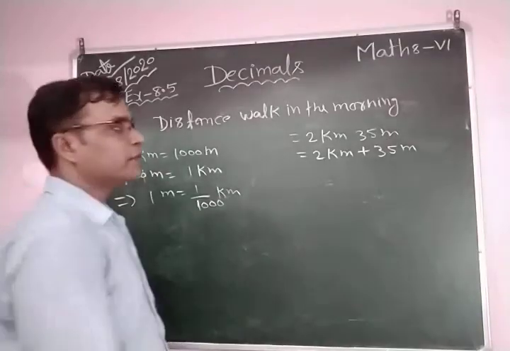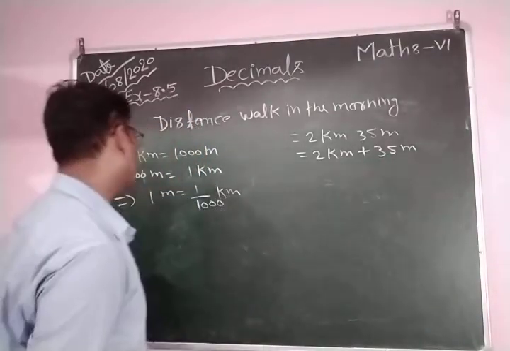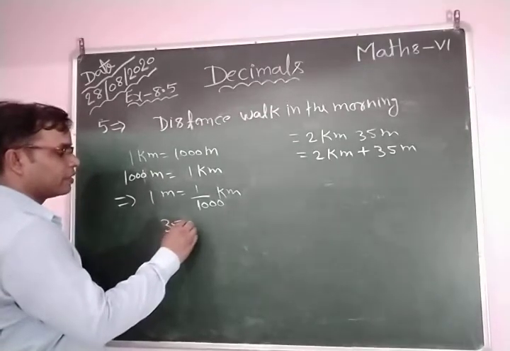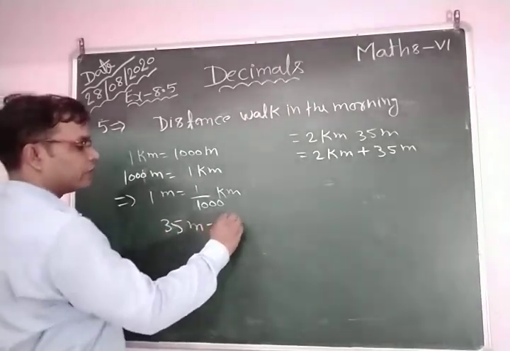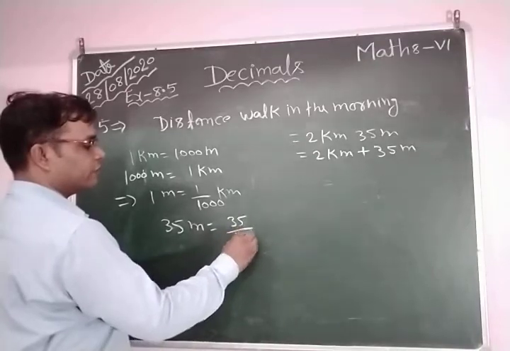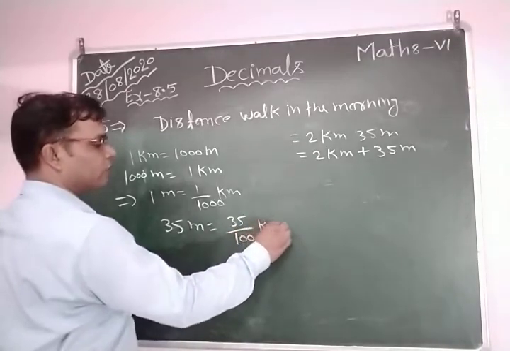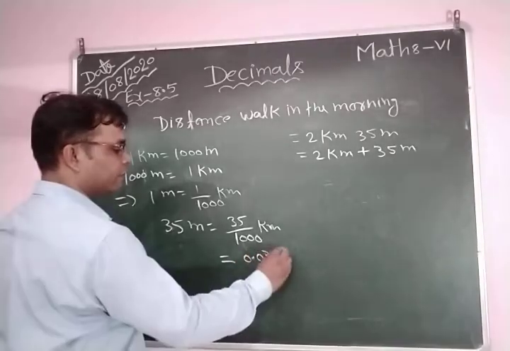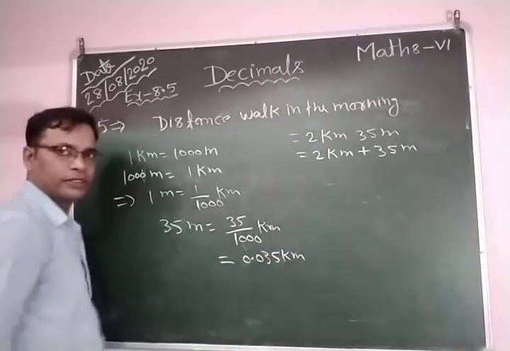So here we have 35 meter. We can write 35 meter is equal to 35 by 1000 kilometer, which is equal to 0.035 kilometers.